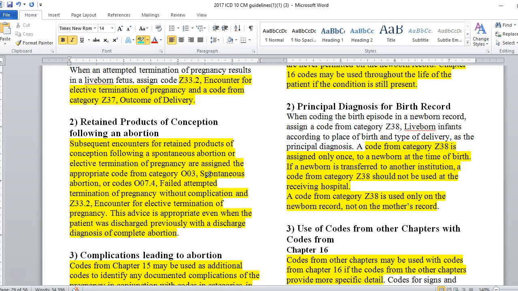This advice is appropriate even when the patient was discharged previously with a discharge diagnosis of a complete abortion.